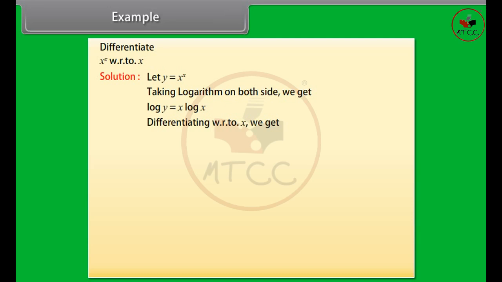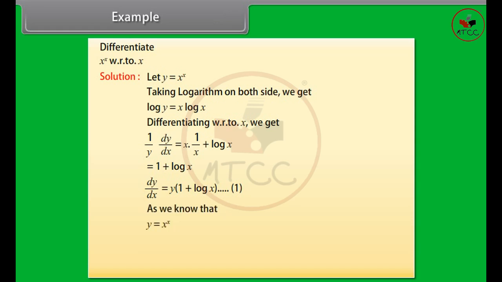Differentiating with respect to x, we get 1 by y into dy by dx is equal to x into 1 by x plus log x, is equal to 1 plus log x. dy by dx is equal to y into 1 plus log x. Name it as 1. As we know that y is equal to x raised to the power x, put the value of y in equation 1. dy by dx is equal to x raised to the power x into 1 plus log x.